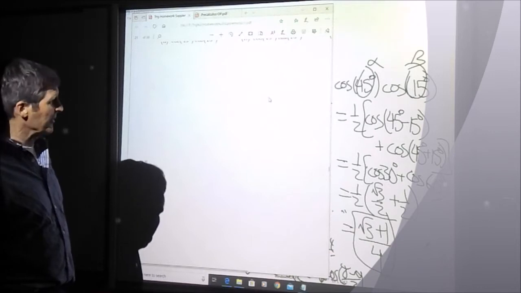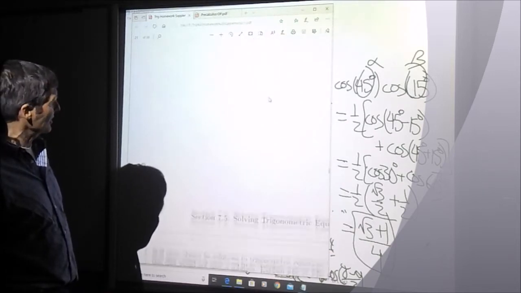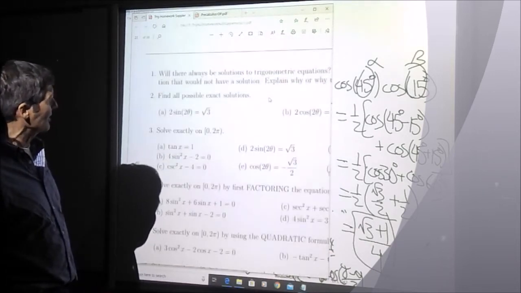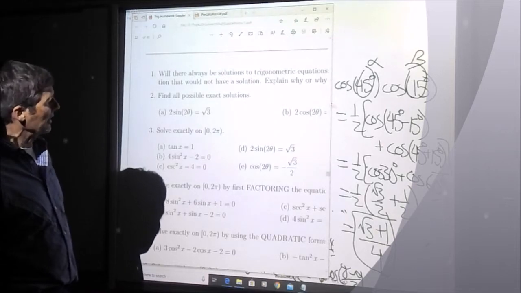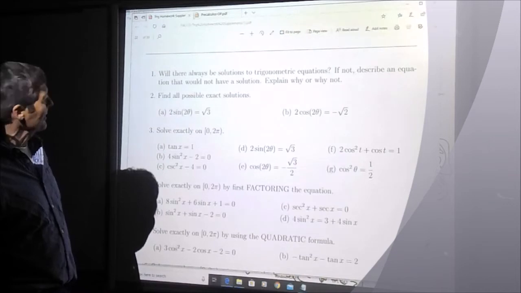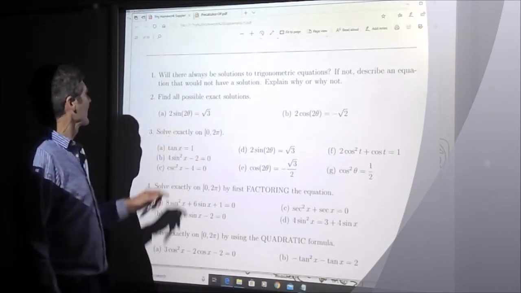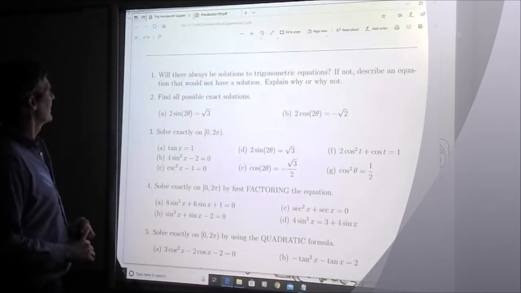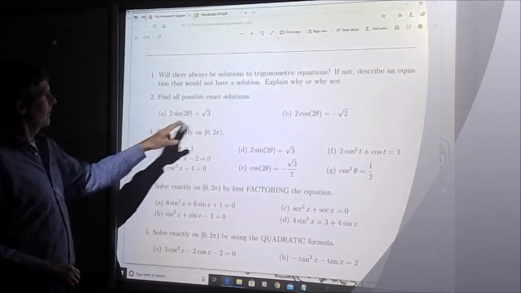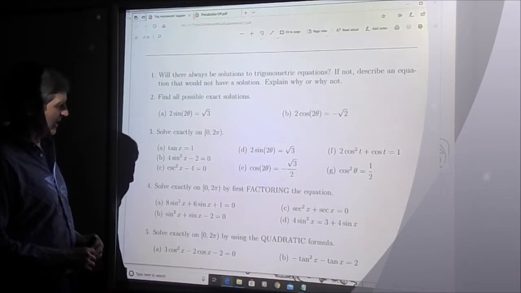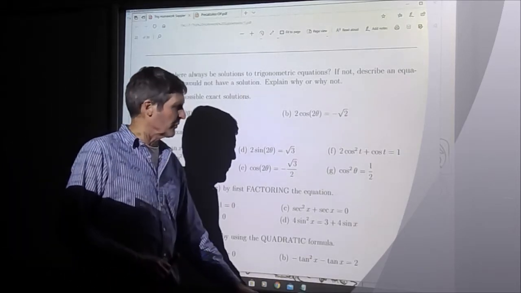Well, the next topic then is solving trigonometric equations. This will be more difficult, a very long section. We're not going to be able to finish this tonight. The other one's too short to do the whole night on. This one's too long. So here's what we have. All sorts of trigonometric equations, and there's some real basic rules for these.